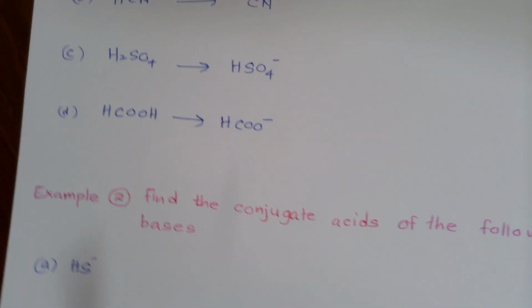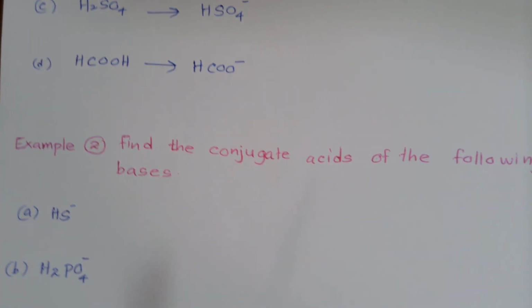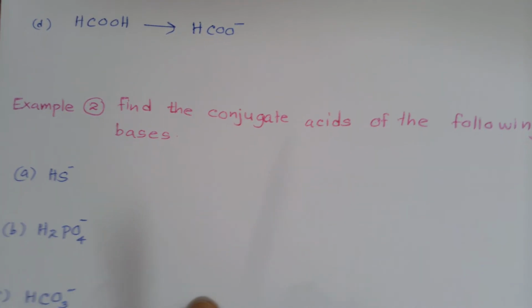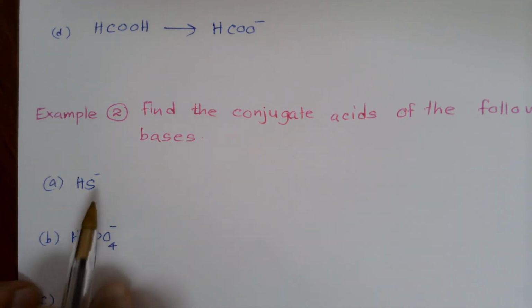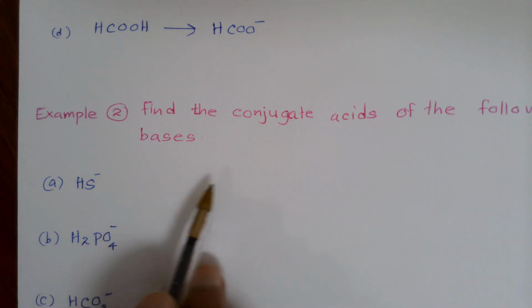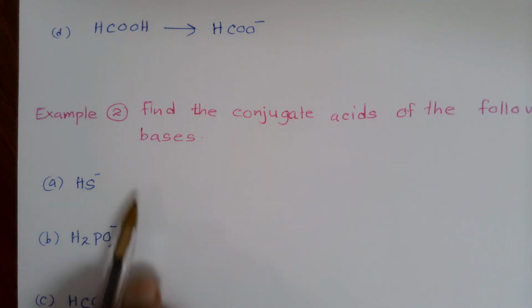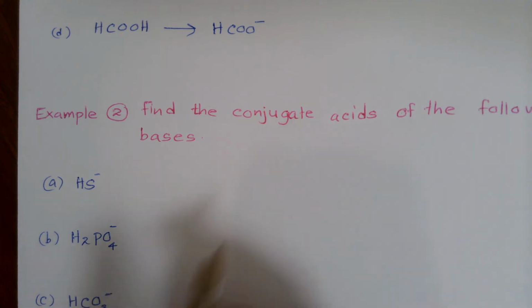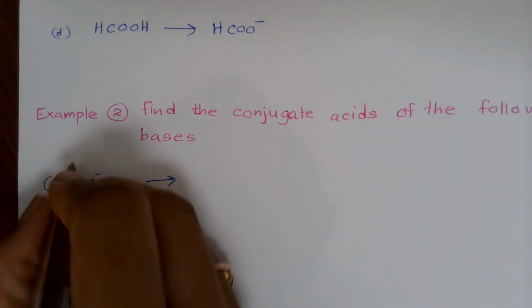Let's go to question number 2. Question number 2 is find the conjugate acids of the following bases. The first one is HS-. How can we find the conjugate acids of these bases? You need to add one H+ ion to each of these bases. So the incoming one is H+.